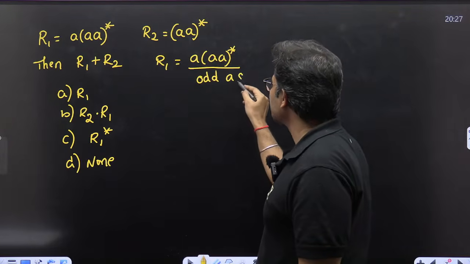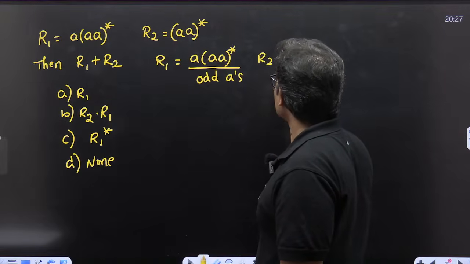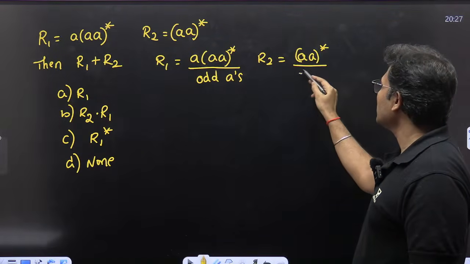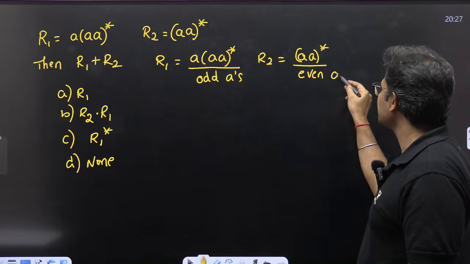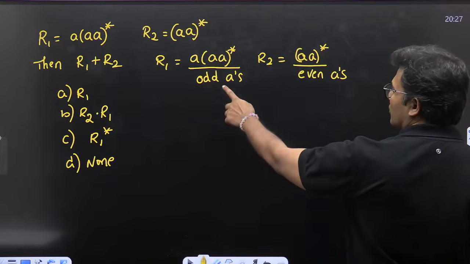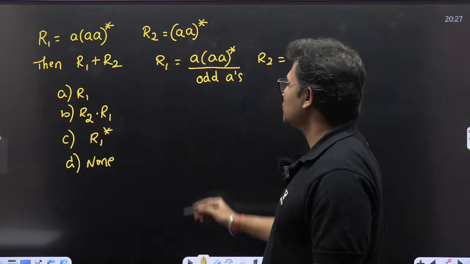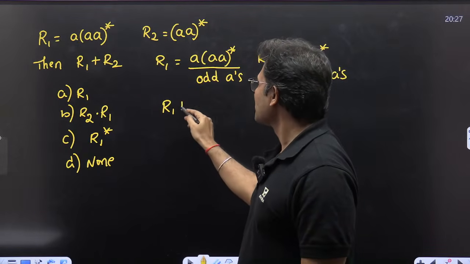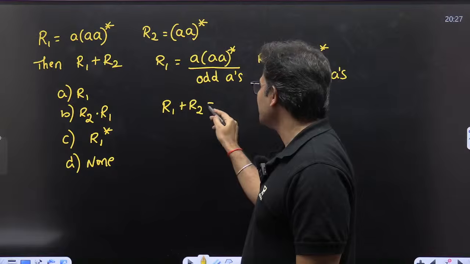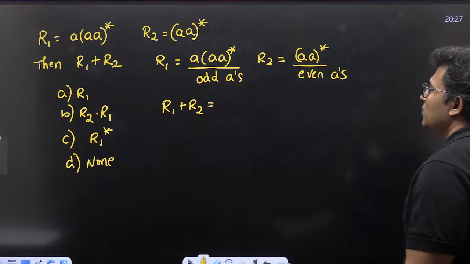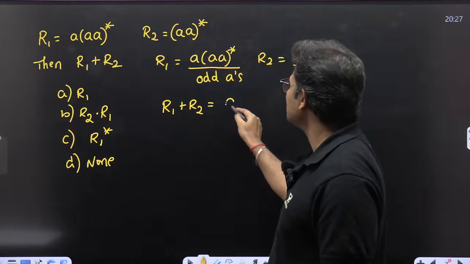R2 is A star, so this is nothing but even number of A's. Now R1 plus R2: when you combine odd number of A's with even number of A's, you get all A's, which is nothing but A star.